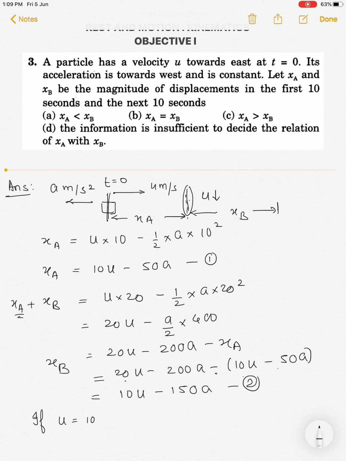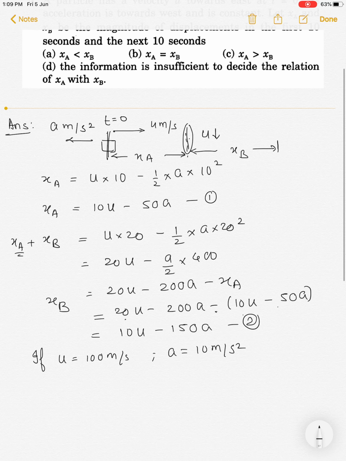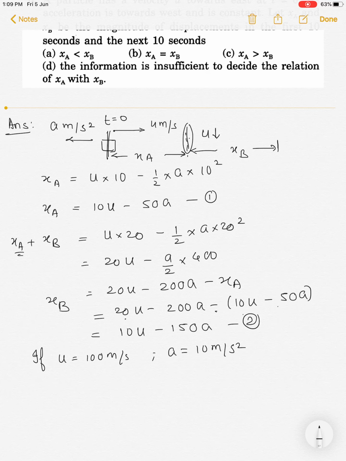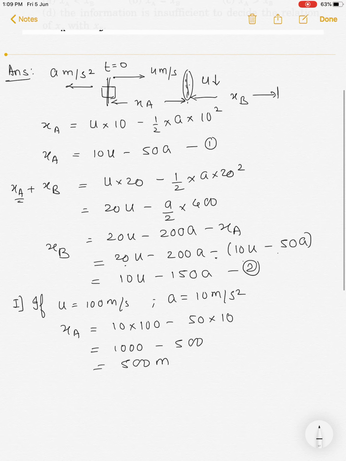Suppose the value of u is 100 meter per second and the value of a is 10 meter per second square. So in that case, xa will be equal to 10 into 100 minus 50 into 10. Okay, so the answer comes out to be 500 meter.